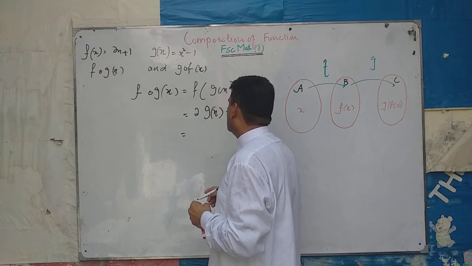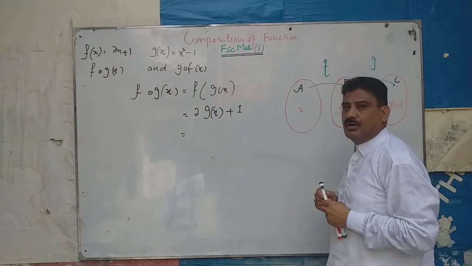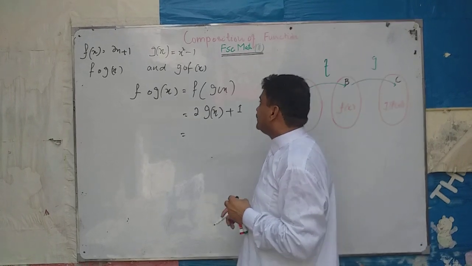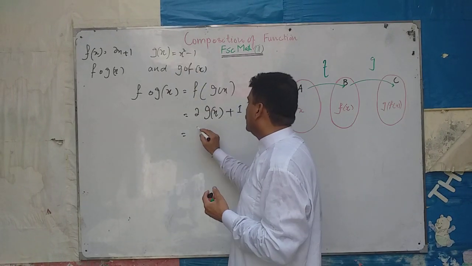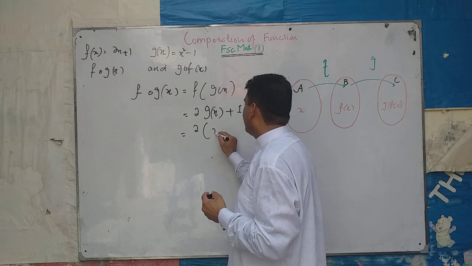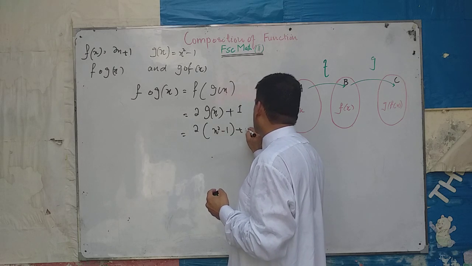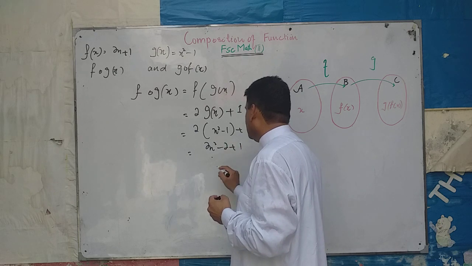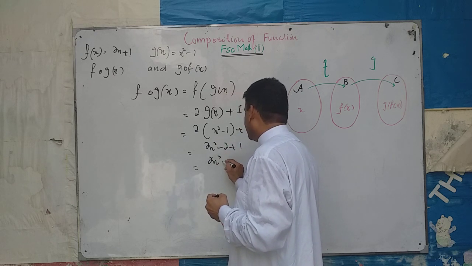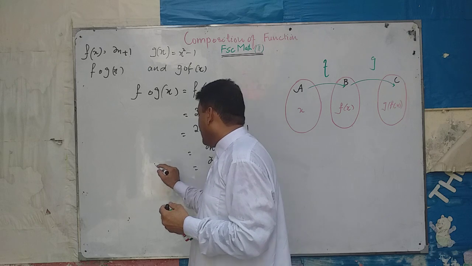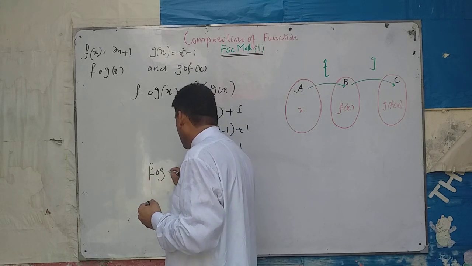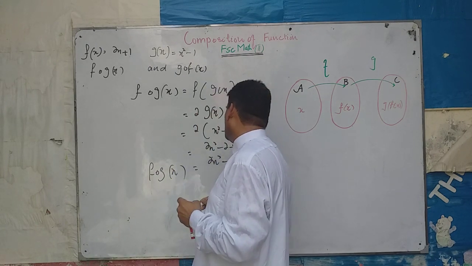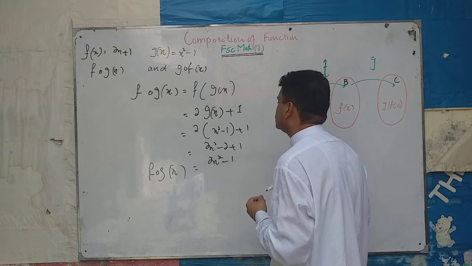In the last step, we put the value of g of x, which is x square minus 1. We multiply 2 by x square minus 1, plus 1, and we get 2x square minus 2 plus 1. Finally, we get 2x square minus 1. f of g of x becomes 2x square minus 1.